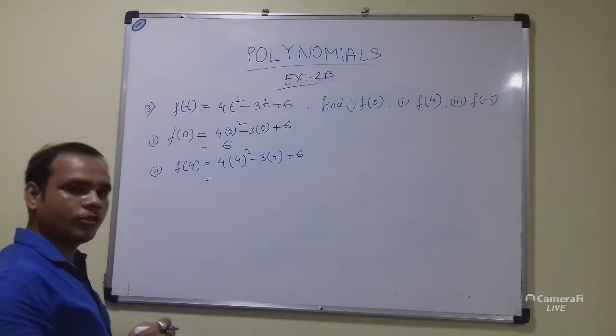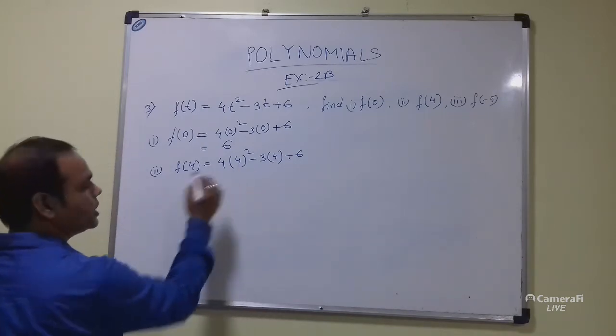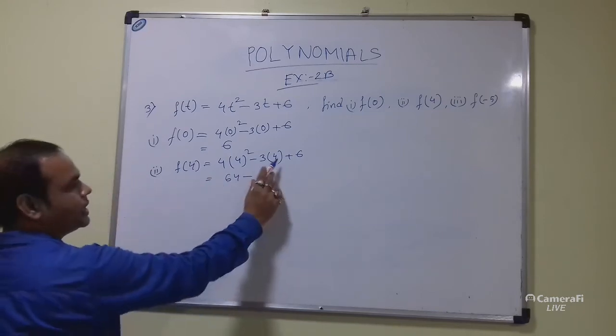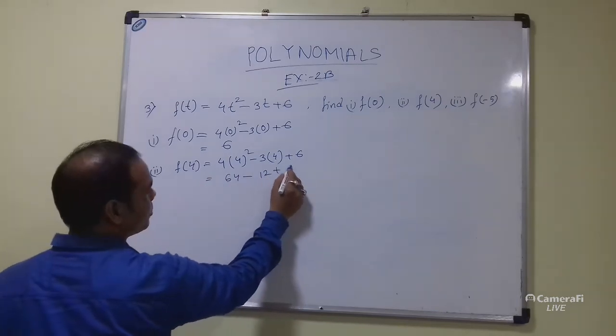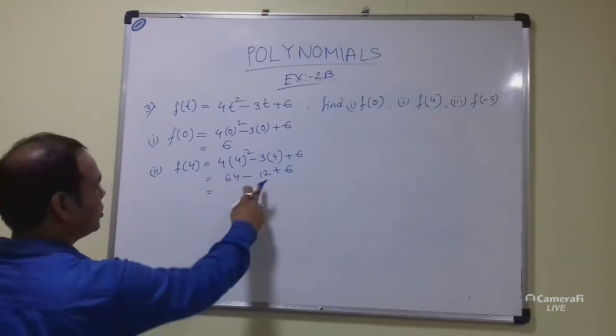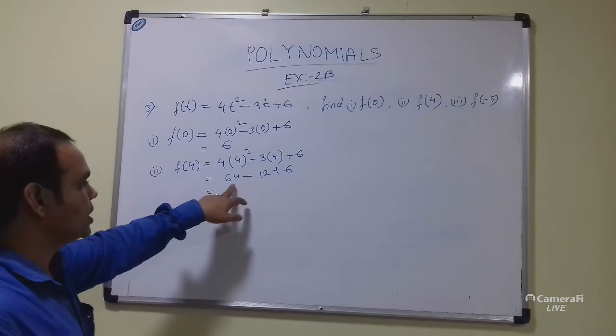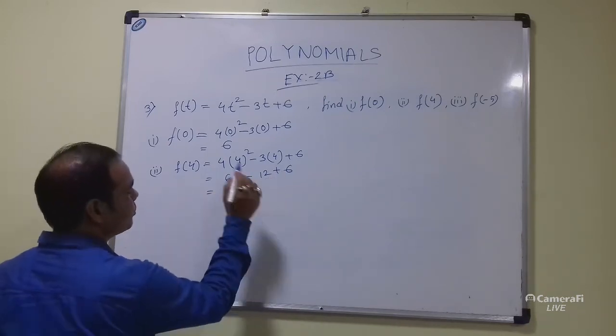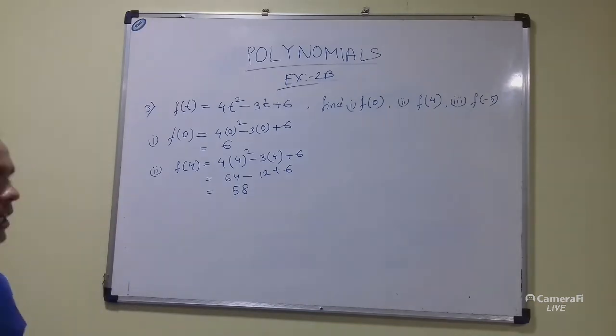Now 4 square is 16, and 16 into 4 is 64, minus 3 into 4 is 12, plus 6. 64 minus 12 is 52, and 52 plus 6 is 58. Clear everyone?